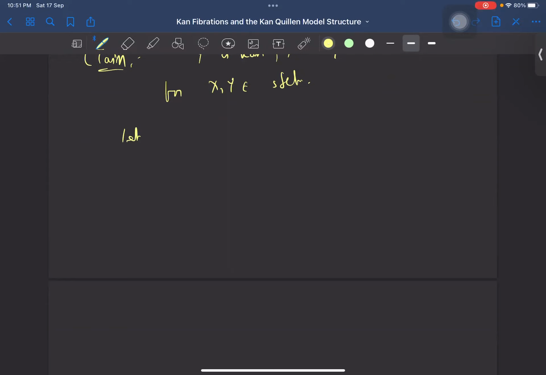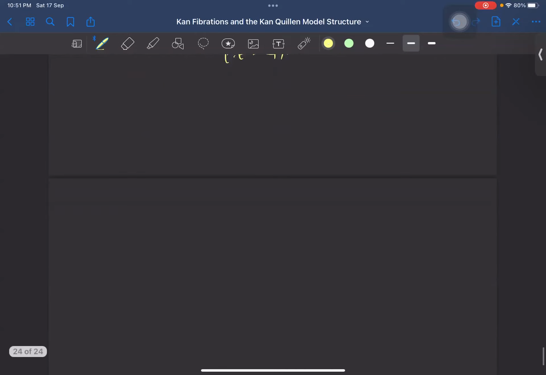Suppose I have a mono, and we have this map. Let's consider the following pullback square. I'll define all things real quick.